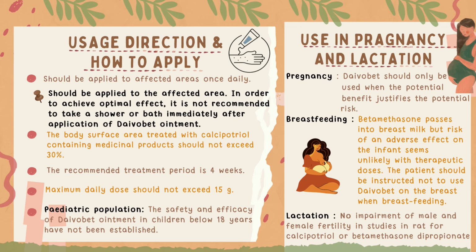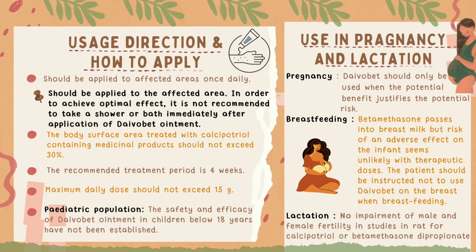And for breastfeeding, betamethasone passes into breast milk, but risk of an adverse effect on the infant seems unlikely with therapeutic doses. There are no data on the excretion of calcipotriol in breast milk. Caution should be exercised when prescribing Divobat to women who breastfeed.